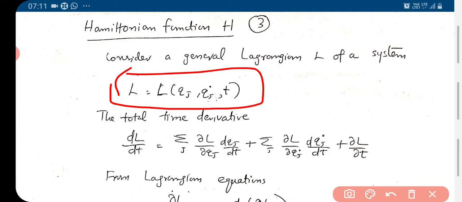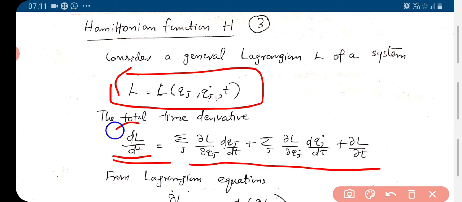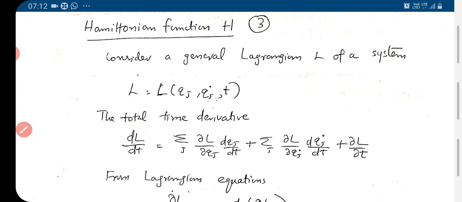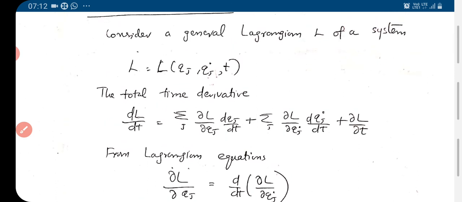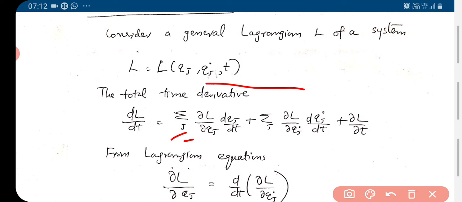If I take the total time derivative dL/dt, that will be given by sigma j ∂L/∂qj dqj/dt plus sigma j ∂L/∂q̇j dq̇j/dt plus ∂L/∂t. We know why this sigma j comes here, because we have to consider all the coordinates q1, q2, q3, ..., qn.